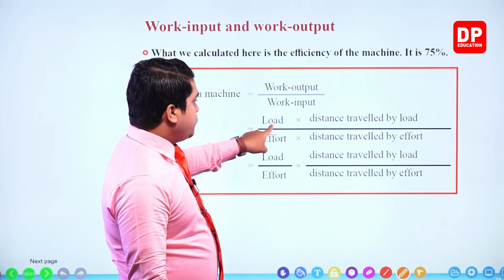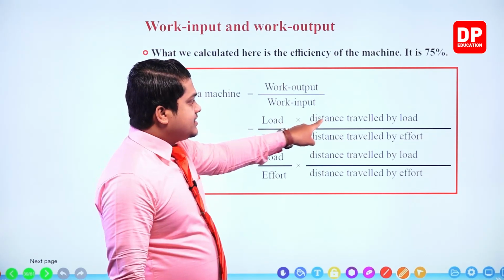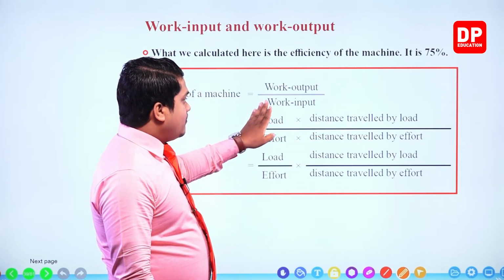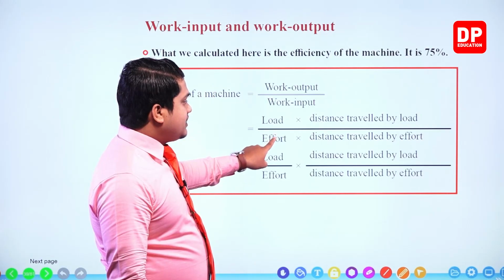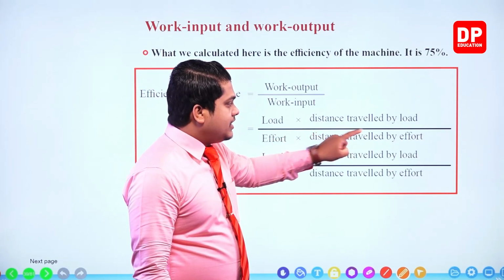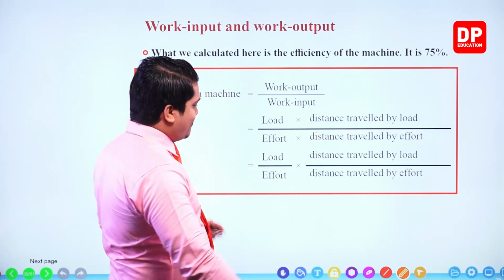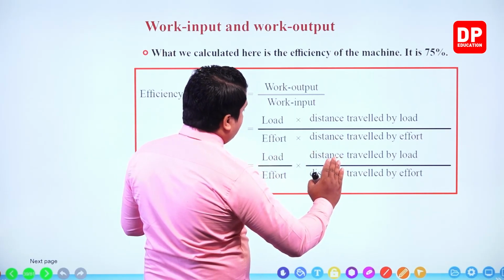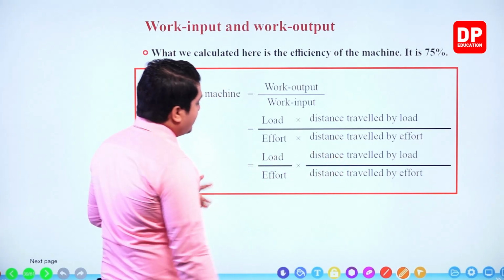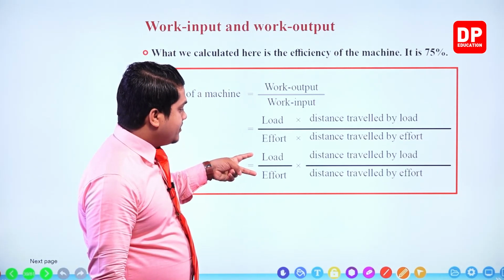So work output is equal to load times the distance traveled by the load, and work input is equal to effort times the distance traveled by the effort.